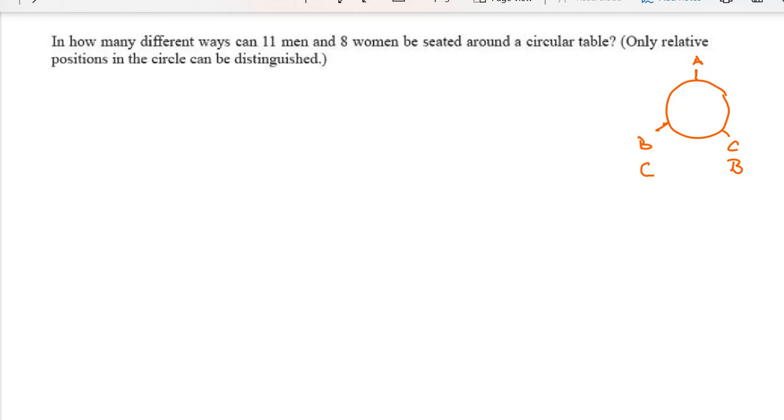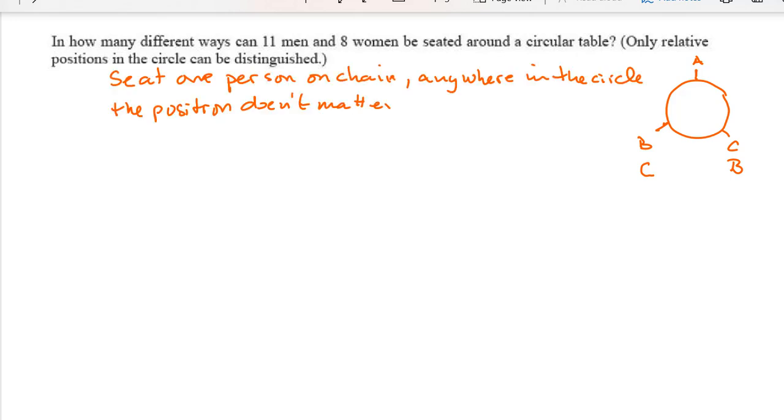So you could think about it the same way with 11 men and 8 women. They don't have to be together, but how many total? 19. How many different ways can these 19 people sit together? As I said, sit 1 person on a chair, anywhere in the circle. The position doesn't matter.